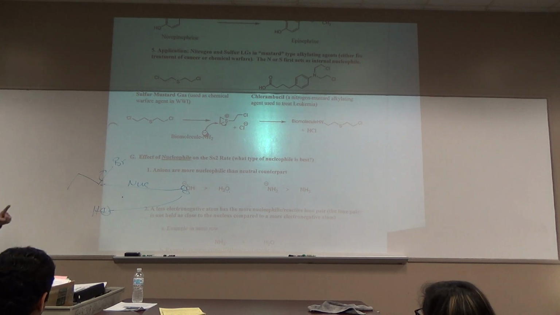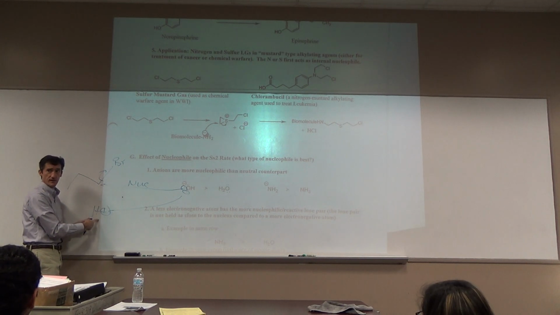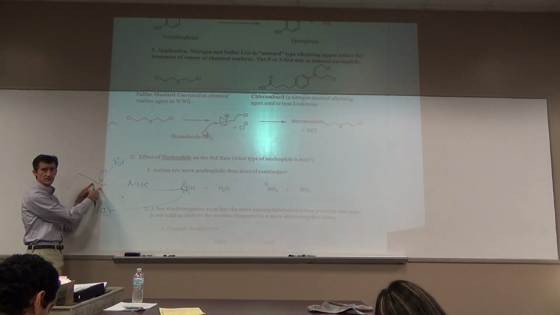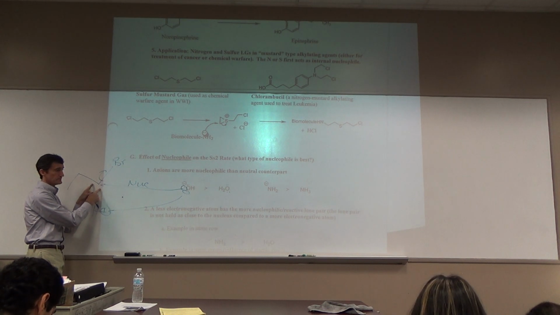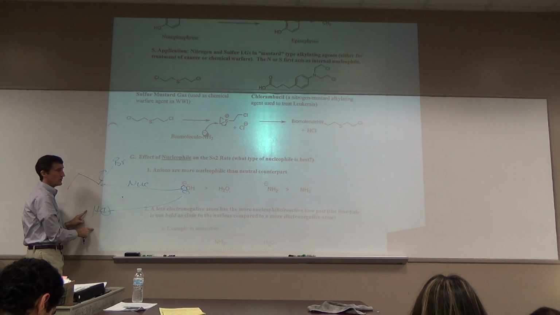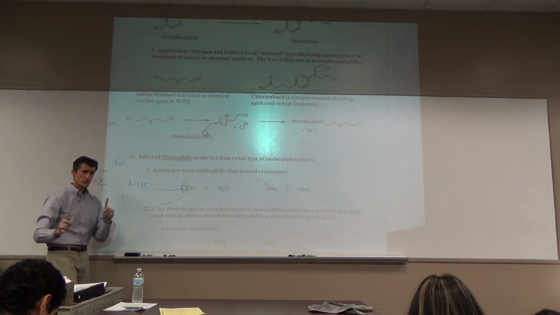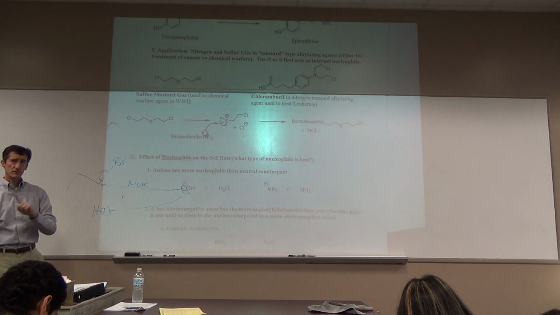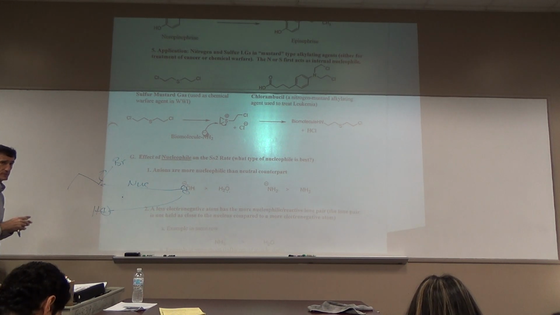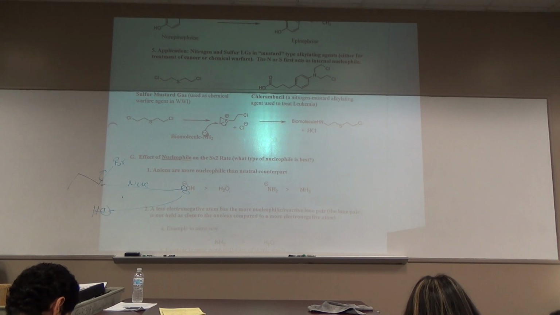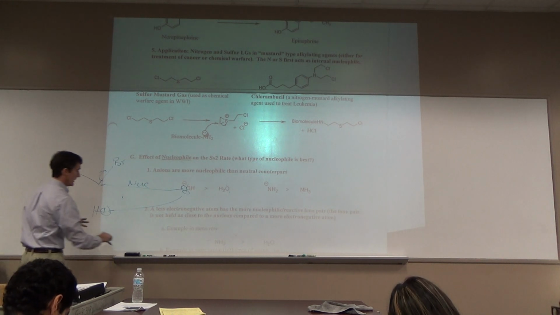The only difference is it's a base when it attacks an acid, a proton. If it attacks something else, it's called a nucleophile. Now, the stronger base. Usually, base strength correlates with nucleophile strength, but not always, and we'll state some exceptions. Well, there are some things which are good bases, but poor nucleophiles. All right?